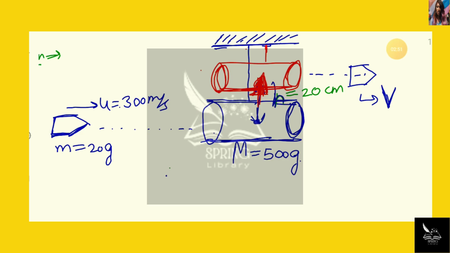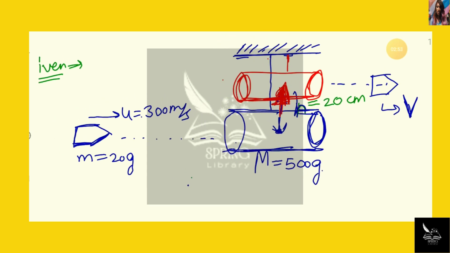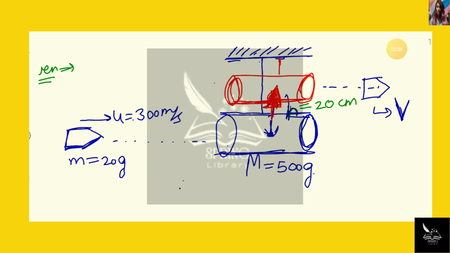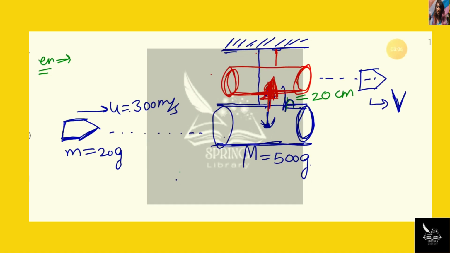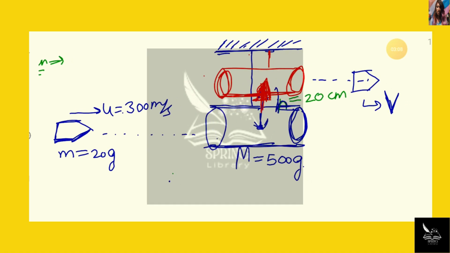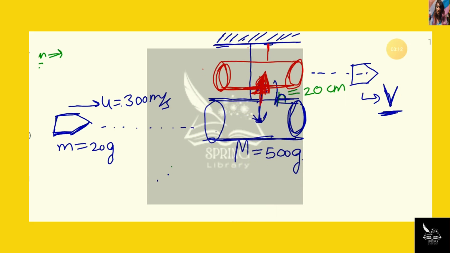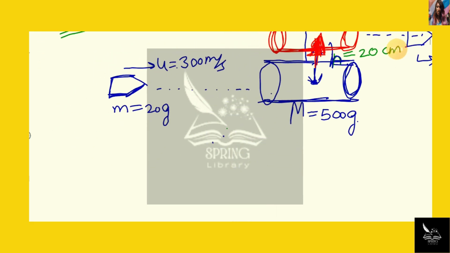So after collision, first, the wooden block is raised by a vertical displacement of 20 centimeter, and second, the bullet emerges out from the other side with the velocity v. In the question we have to find this velocity v.